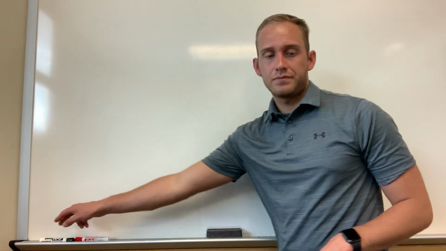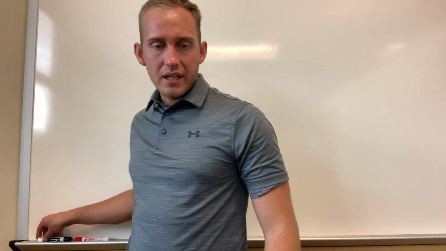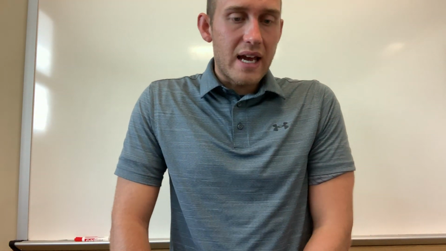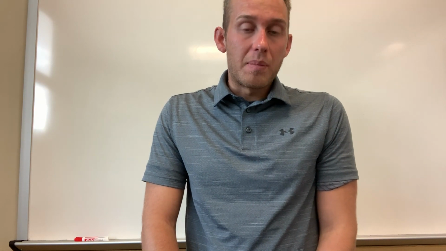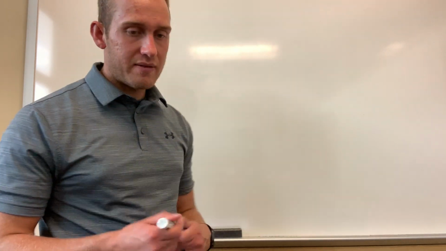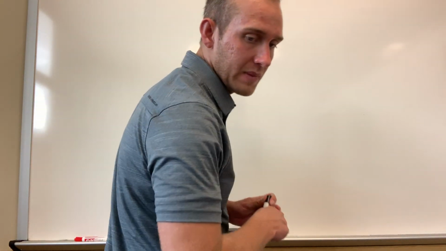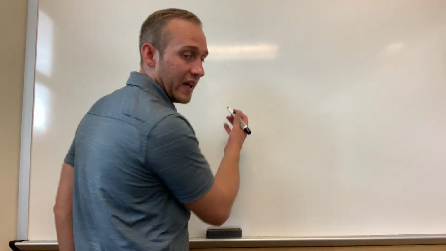Okay, let's just go with this. So right here, we're factoring out a monomial from a polynomial. So basically we have this equation here. So we say we need to factor this.